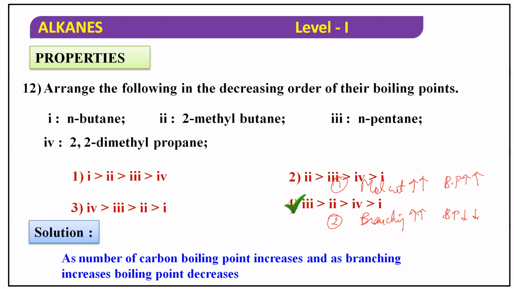Okay, so molecular weight increases, boiling point increases. Molecular weight is what? Number of carbon. Number of carbon is more, molecular weight is more. Branching increases, boiling point decreases.